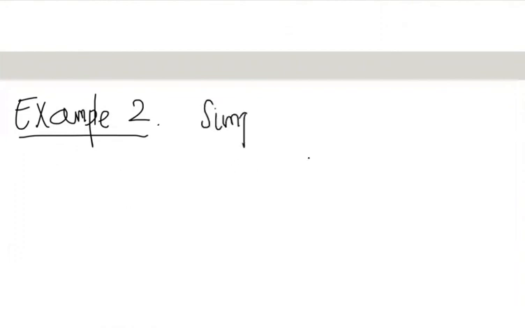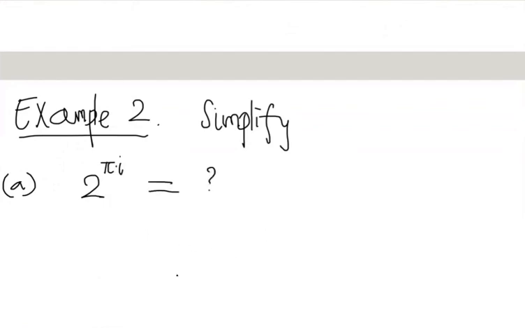Let's simplify. Say we want to simplify 2 to the pi i. How do we do this? Now this time, the base is 2, it's not e anymore.